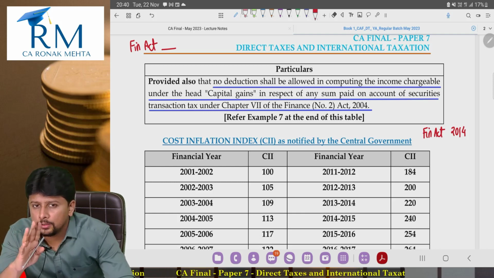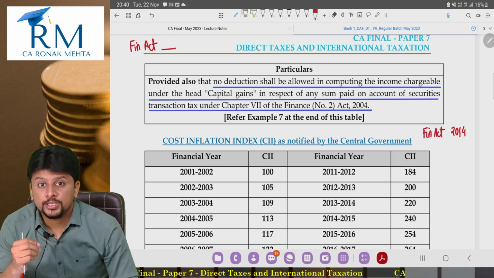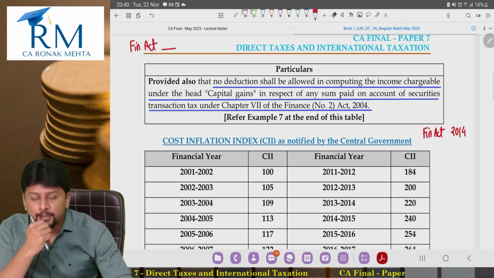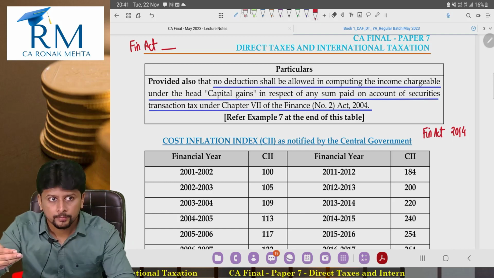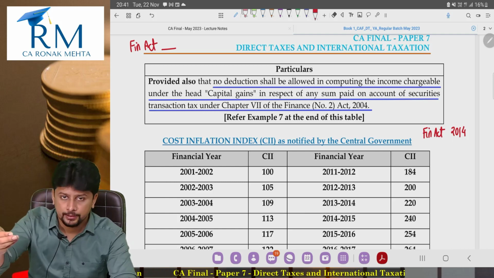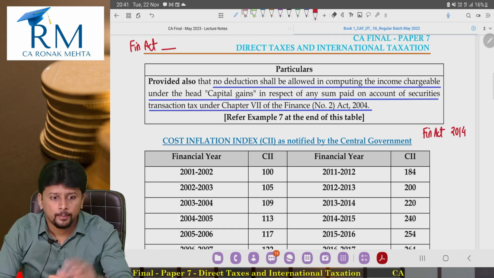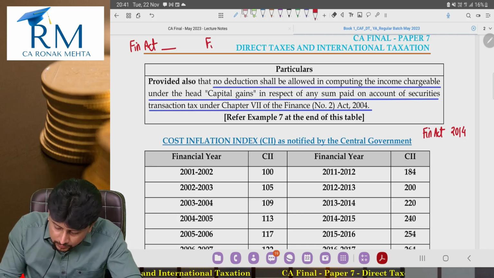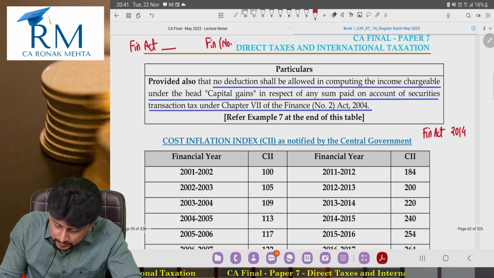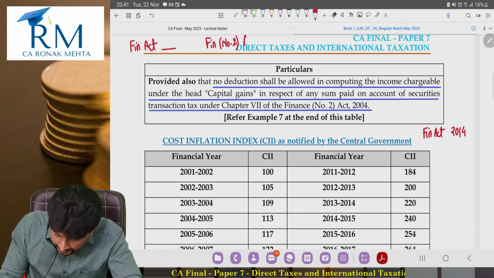Generally they don't make many changes in that pre-election budget. After election happens, whichever party comes to power, they come up with a second budget. That is where the major amendments and changes are. So the second budget is called the Finance Number 2 Act.